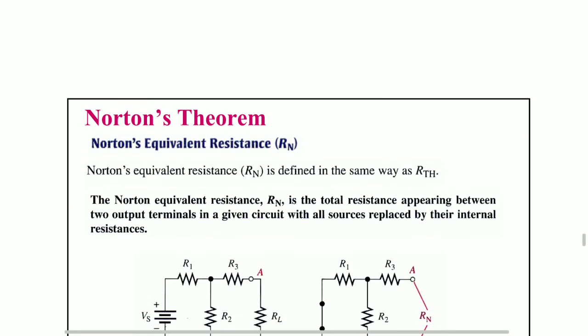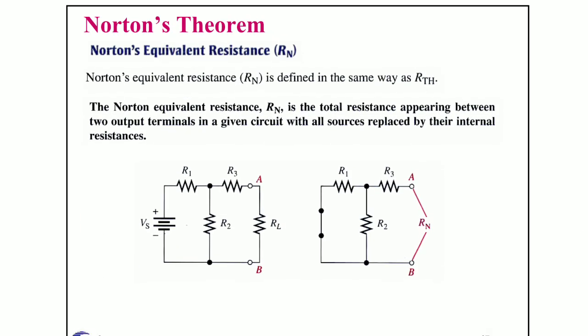Next is Norton's equivalent resistance. Observe, the Norton's equivalent resistance Rn is the total resistance appearing between two output terminals in a given circuit with all sources replaced by their internal resistance. That means Vs is shorted and the load RL is removed.